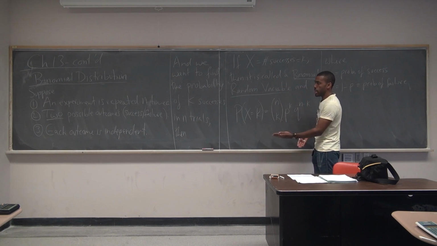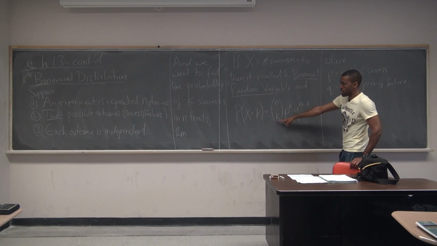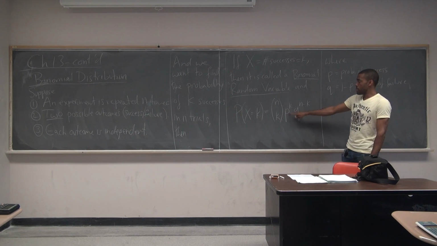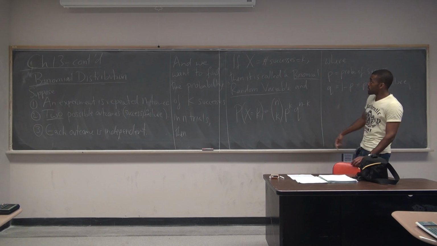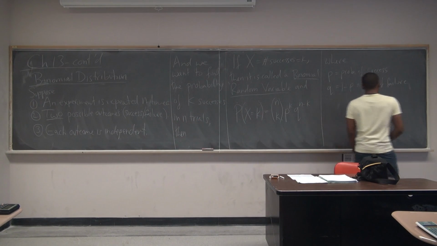It doesn't matter what situation happens first or second or third of the n times. Your k can occur at any point, and the order doesn't matter, so you can use a combination. And you want the p to happen k times. It's independent, so you multiply p by p by p k times. And the q will happen the rest of the time, so you multiply those because they're independent. So that's what that formula says.